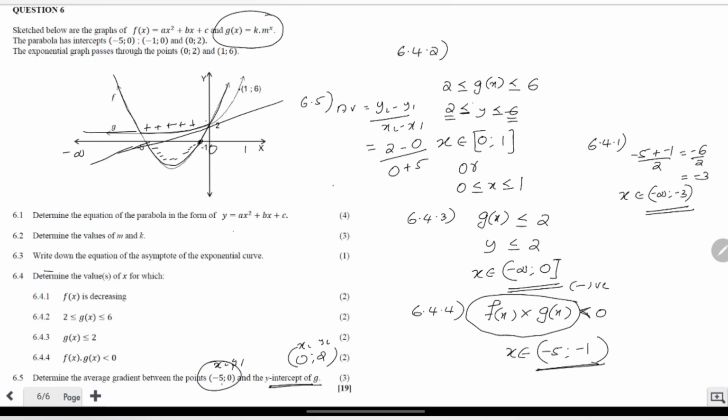Minus 5 is plus 5. Is it clear? So the answer is 2 over 5, isn't it? Answer is 2 over 5.